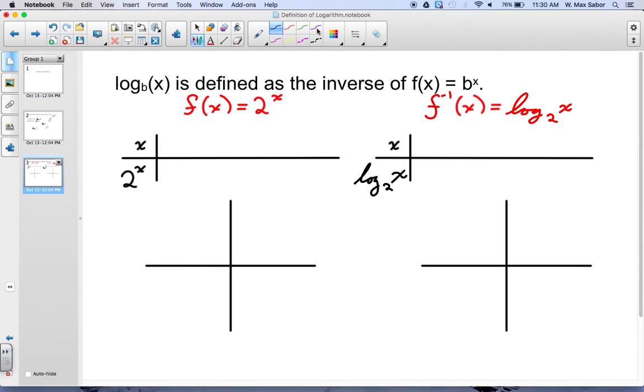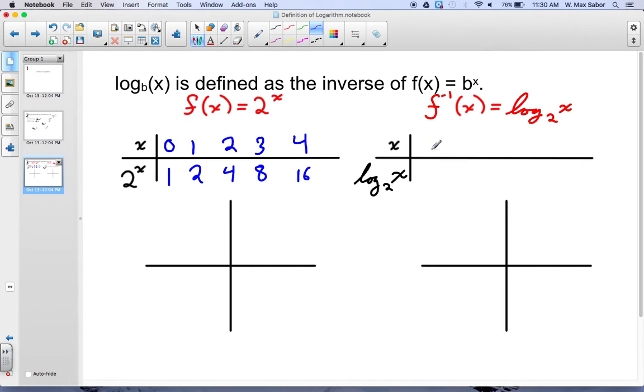So what would this look like in terms of a function? Well, if we plug in different x coordinates, so plug in x equals 0, 1, 2, 3, 4, what we get out is, well, 2 to the 0 is 1, 2 to the first is 2, 2 to the second is 4, 2 to the third is 8, and 2 to the fourth is 16.